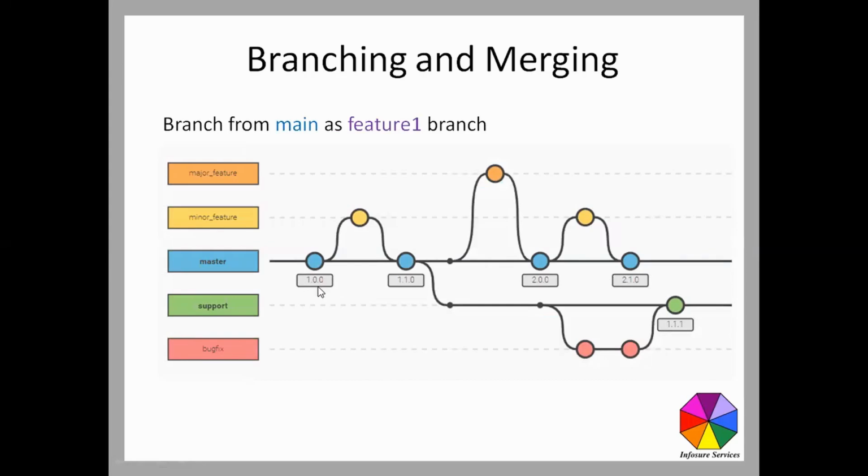So here is version 1.0.0, 1.1.0, and 2.0, 2.1. So the master is going through certain versions, some minor feature, then it moved to 1.1. Then there's a major feature, so 1.1 moved to 2. Another minor feature, 2.1.